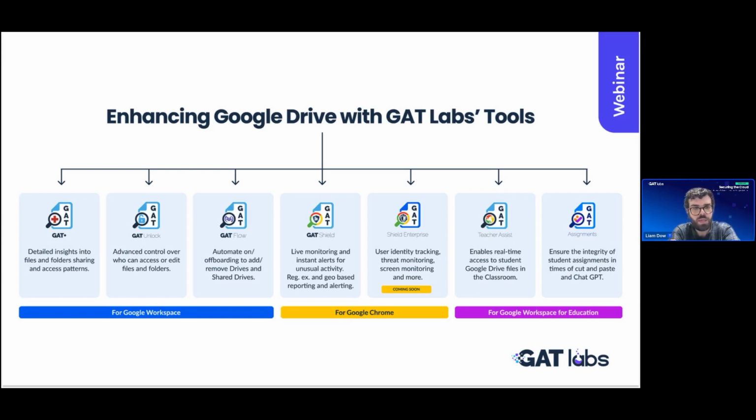Going from the left-hand side, GAT Plus is the core of our product. It is a comprehensive auditing, alerting and reporting tool for Google Workspace. You'll be able to get insights into every different type of permission that exists in your environment.